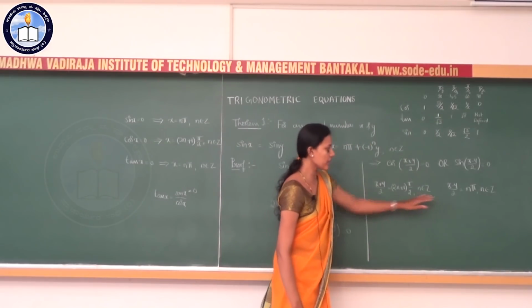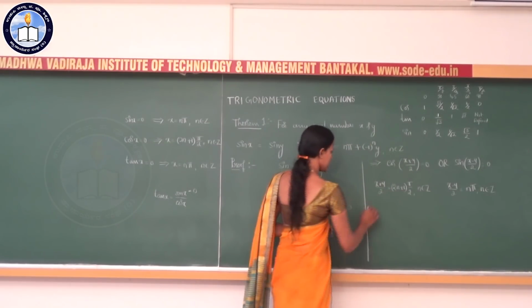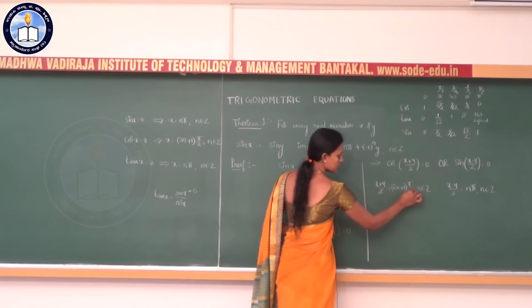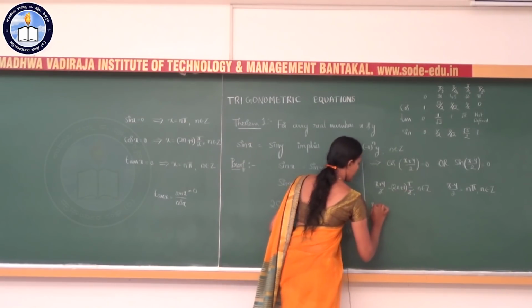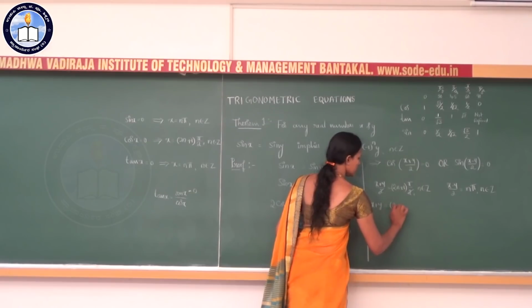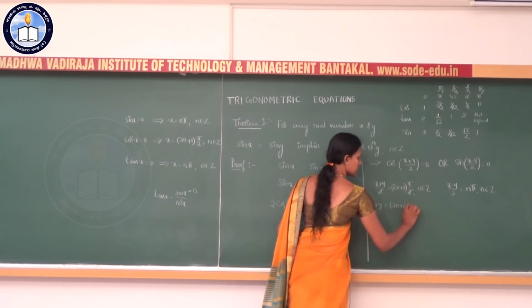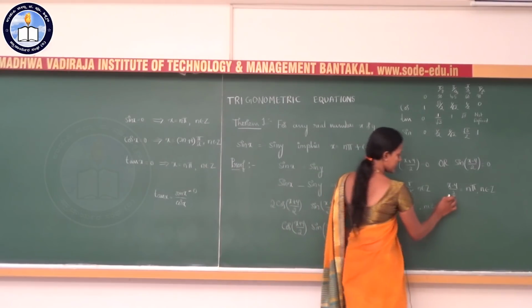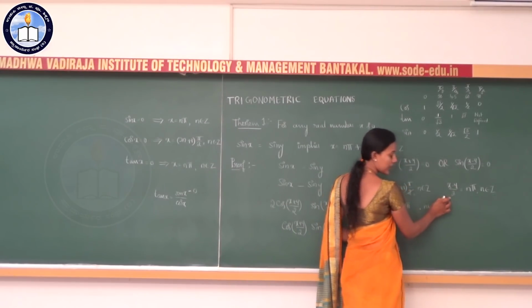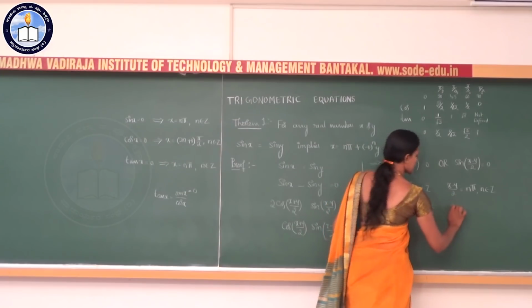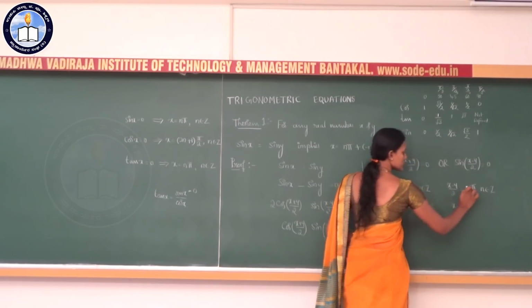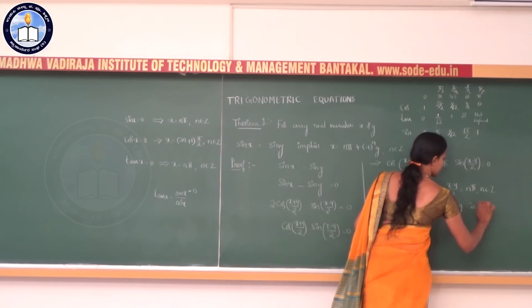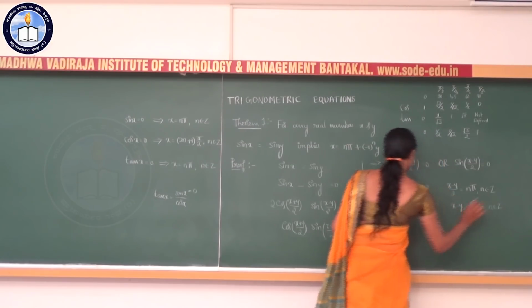Now, we shall simplify these two expressions further. Here 2 cancels. So, we have x plus y is equal to (2n plus 1) into pi, where n is an integer, and (x minus y) by 2 is n pi. So, x minus y will be 2n pi, where n is an integer.